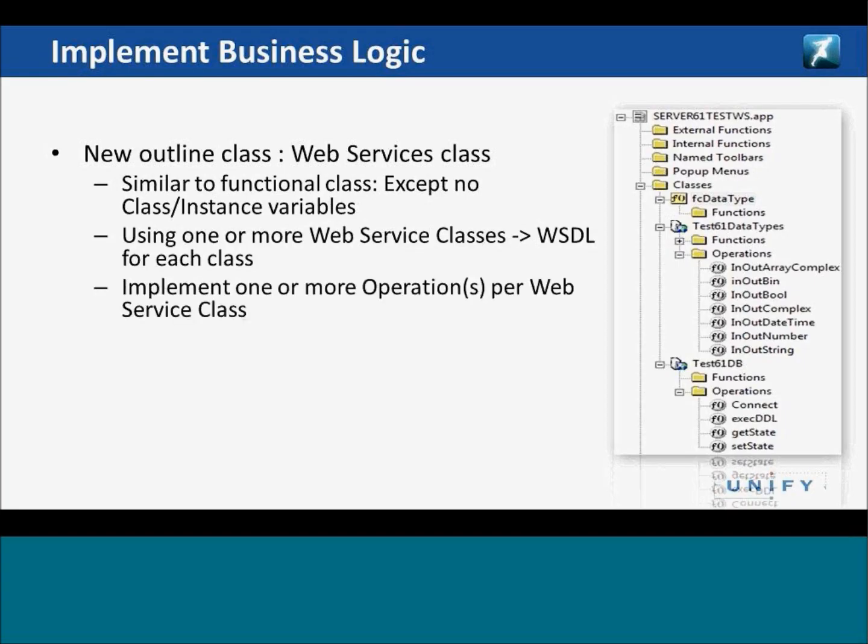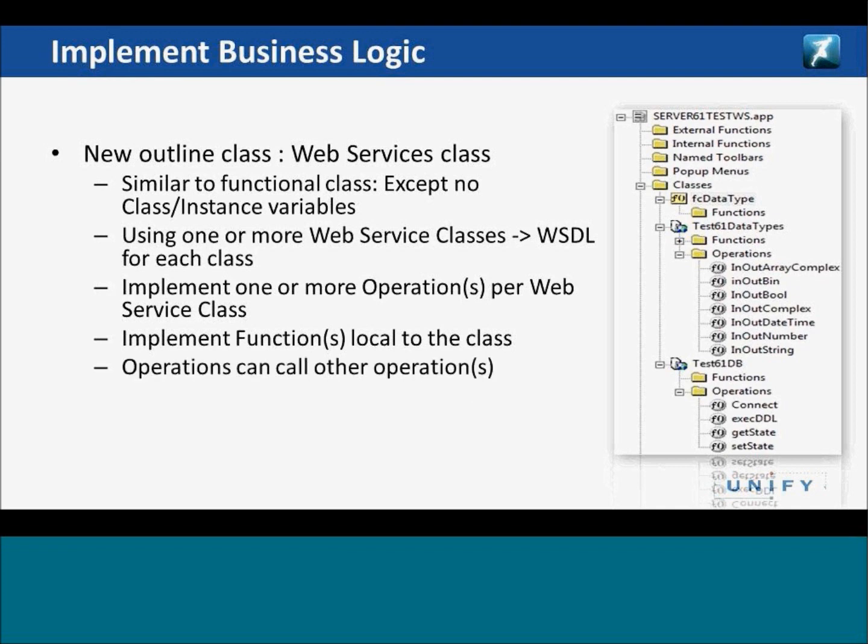You can implement one or more operations per web service class. As you can see on the right, there are multiple operations for every one of the web service classes. You can implement functions local to the class. These functions are not exposed to the consumer of the web service. They are just internal for you, so you can structure your code nicely.